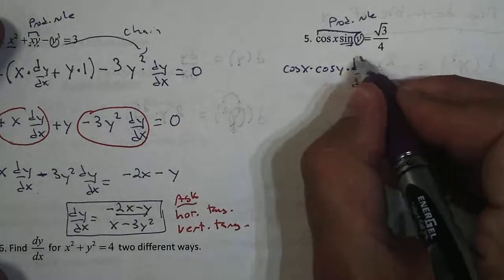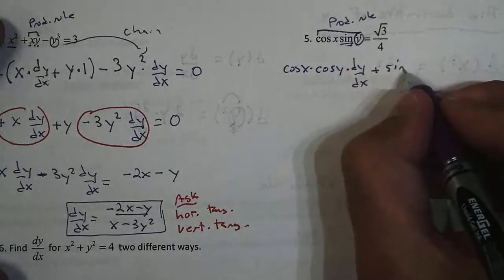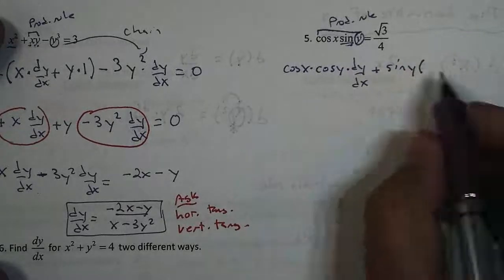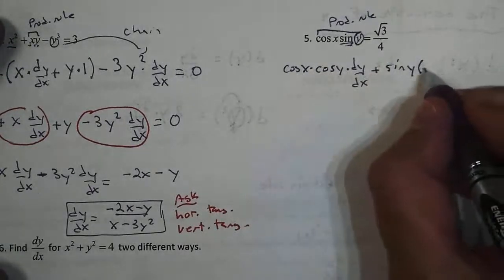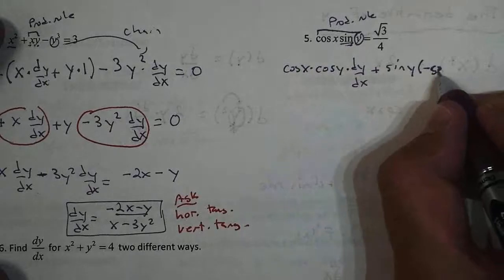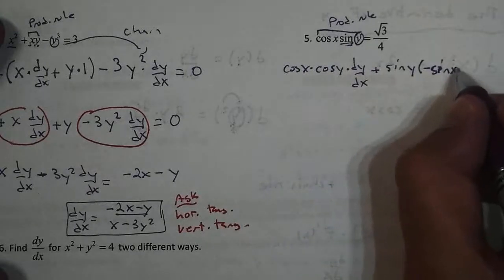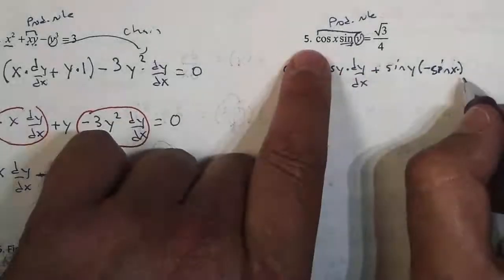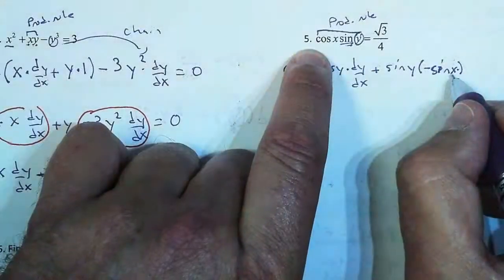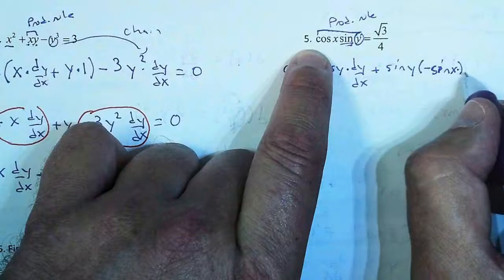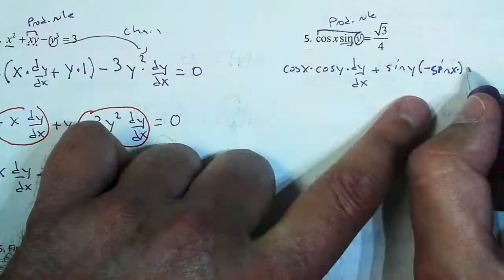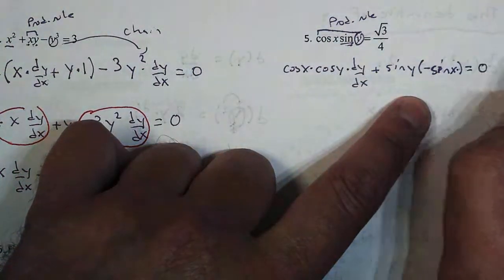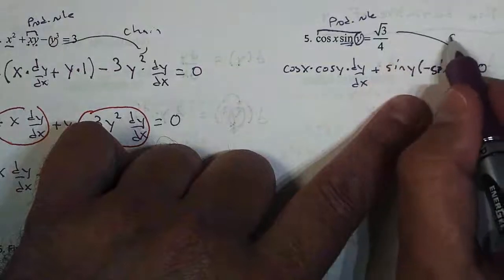Plus the second function, which is sine y, and I multiply that by the derivative of cosine x, negative sine x. Now I don't need to put a dy dx here because the derivative of cosine of x is negative sine of x. You can put the times 1 for the chain rule if you want to. Equals 0. Remember, it's 0 because that's a constant.